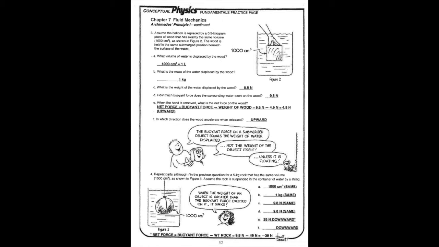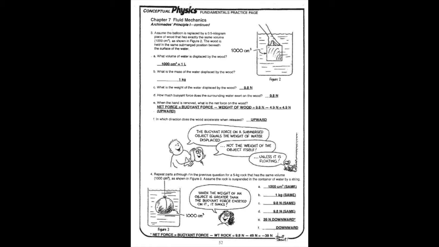I want you guys to look at the bottom of page 52, where you can see the rock in the picture. It says the rock is 5 kilograms, and if it takes up 1,000 centimeters cubed, or a liter, then we know the buoyant force of 1 liter is 10 newtons.